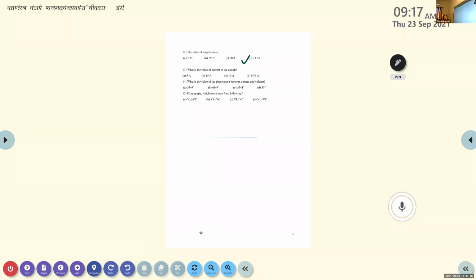Question number 13. What is the value of current in the circuit? How can we calculate the value of current? Here we calculate the RMS value of current because it is connected to an AC voltage source. So I_RMS is equal to V_RMS by Z. Here the circuit consists of inductance, resistance and capacitance, so we need to take the impedance, the total resistance of the circuit.